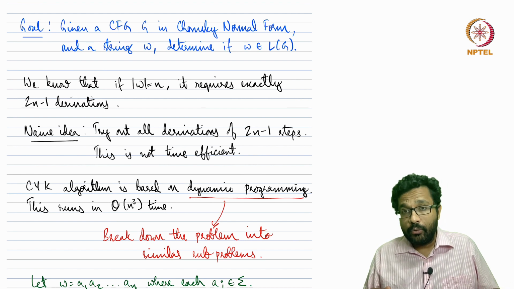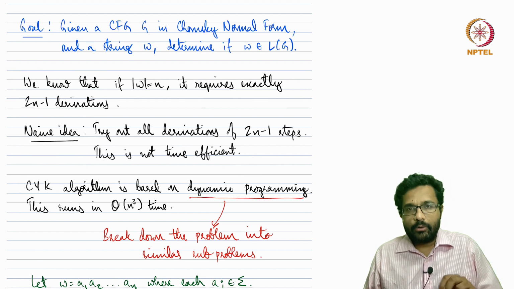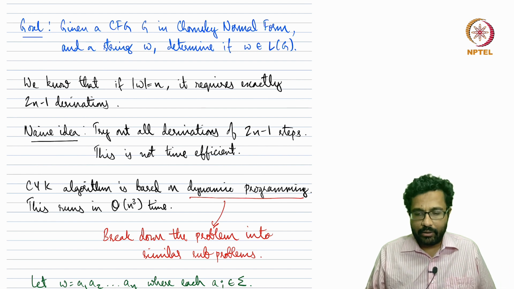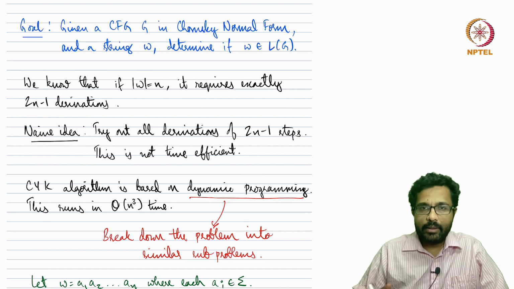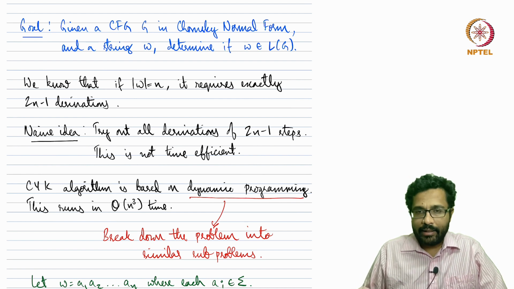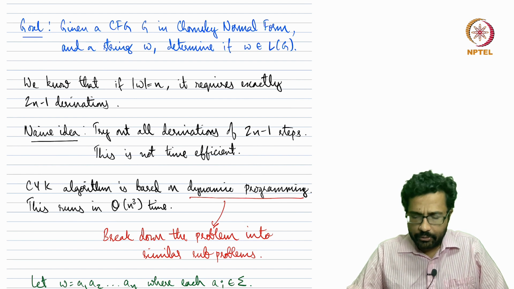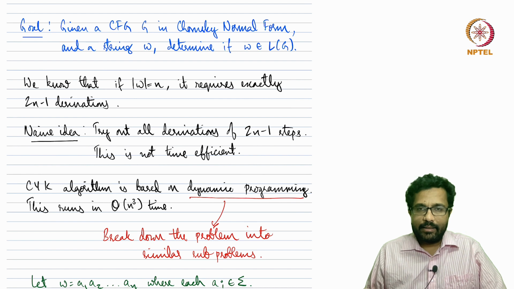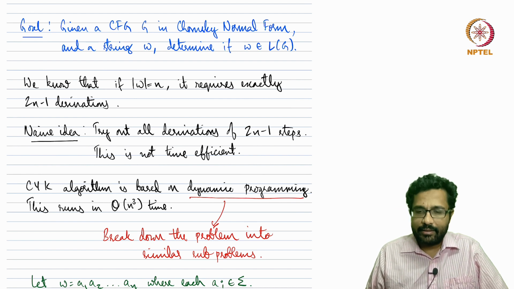For those of you who have seen dynamic programming, this algorithm may be easier to understand because there is a standard structure and approach to it. But for those of you who have not seen it, you don't need to be worried, because I'm going to explain the step-by-step procedure we are going to follow. It's fairly straightforward and simple.